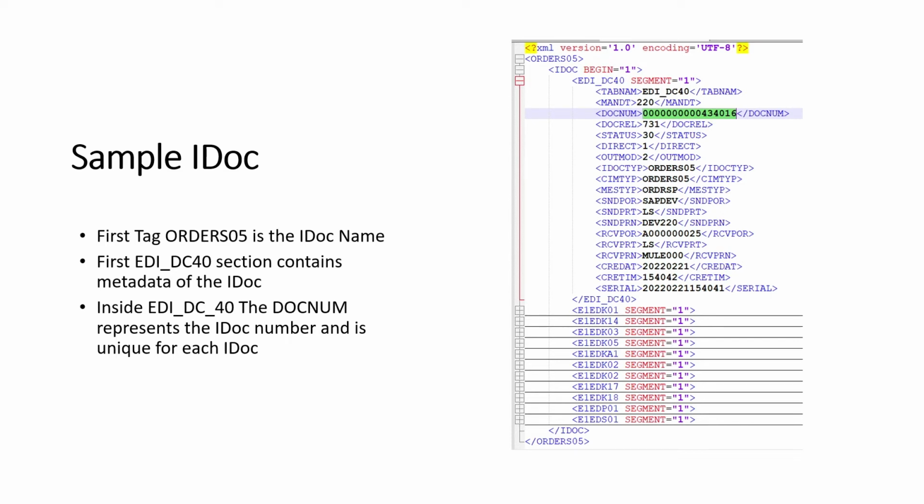Generally, this segment is present in all IDOCs and contains the metadata related to the IDOC. All other segments and fields might change based on the IDOC you are using in your project. And inside EDI_DC40, we see a field DOCNUM. This represents the IDOC number and it is used to uniquely identify the IDOC.